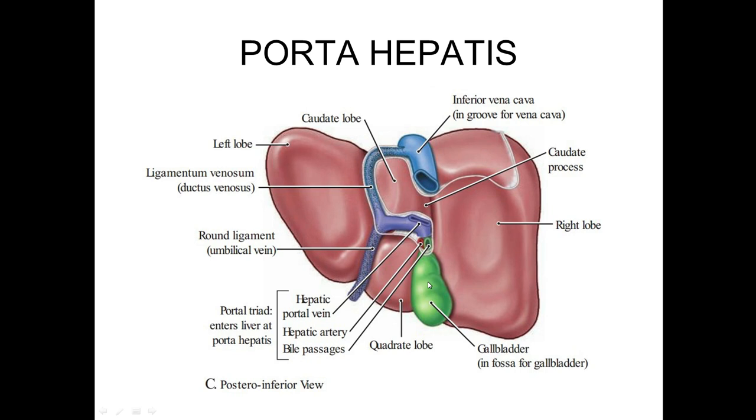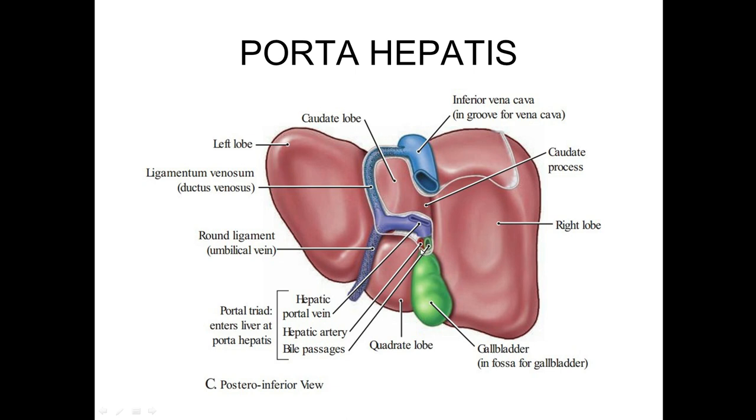Now there is one more structure between the caudate lobe and the quadrate lobe, and that area is known as the porta hepatis. That is the gateway of the liver. Hepatis means related to the liver, hepar. The porta hepatis consists of 3 structures.